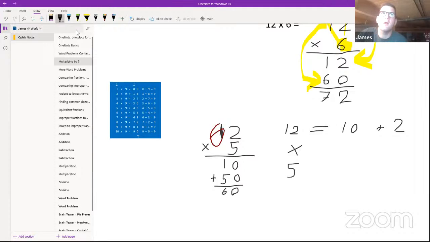Okay. When you have a 2-digit number like this, the ones place is the one on the right, and the tens place is the one on the left.